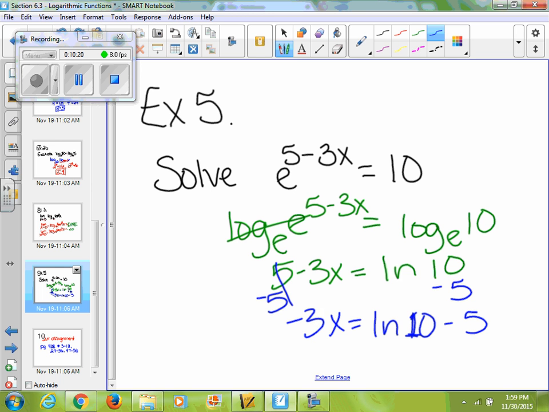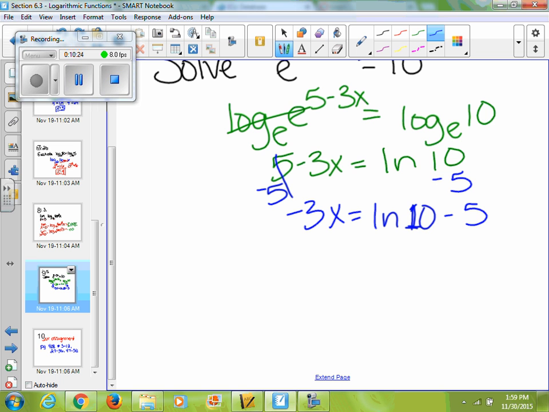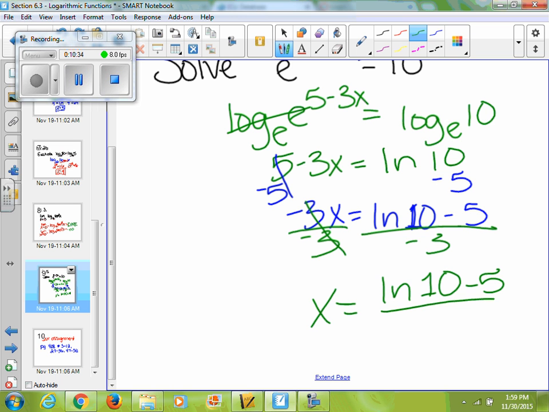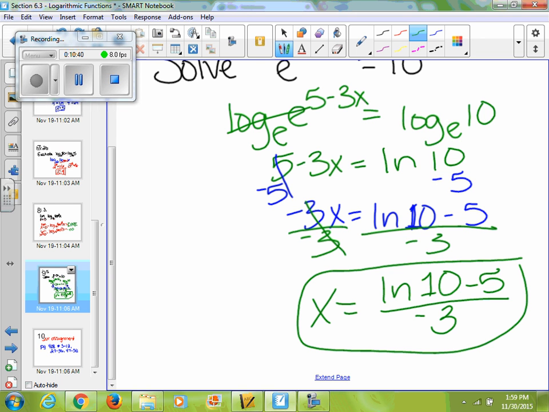If I subtract 5, I'm left with negative 3x equals natural log of 10 minus 5. And then divide by negative 3. So I'm left with x equals the natural log of 10 minus 5, divided by negative 3.